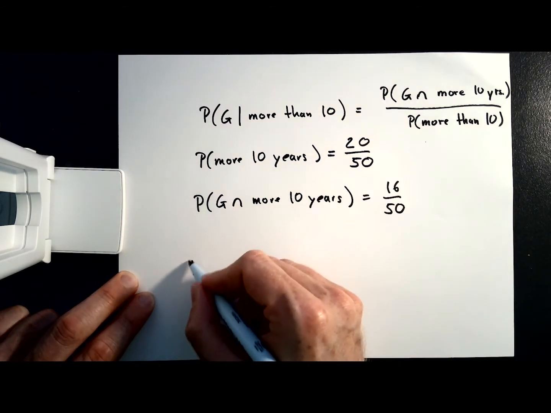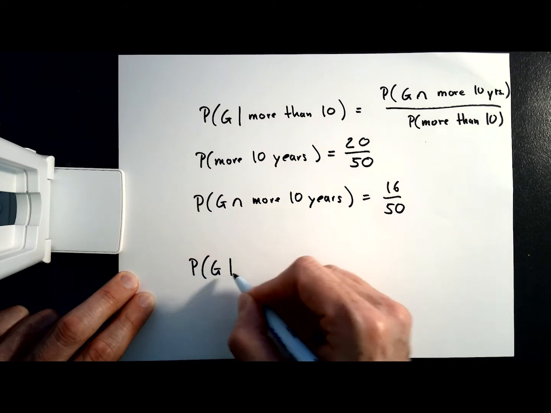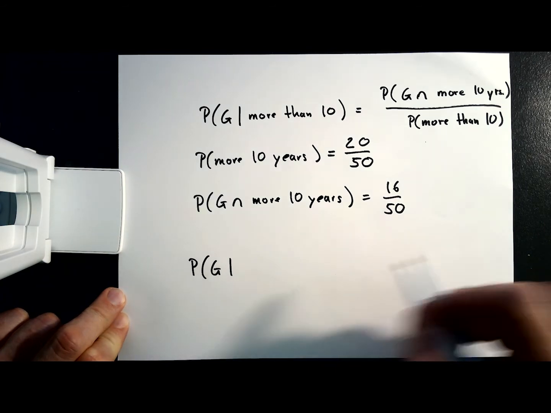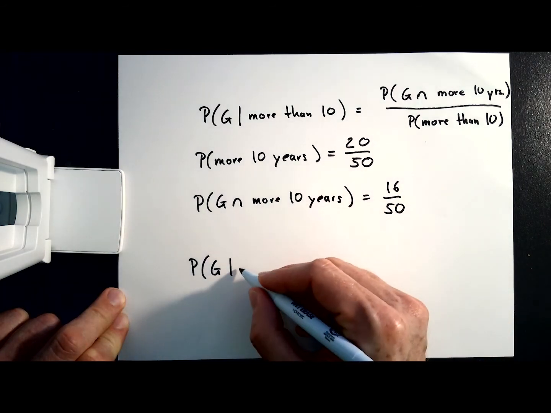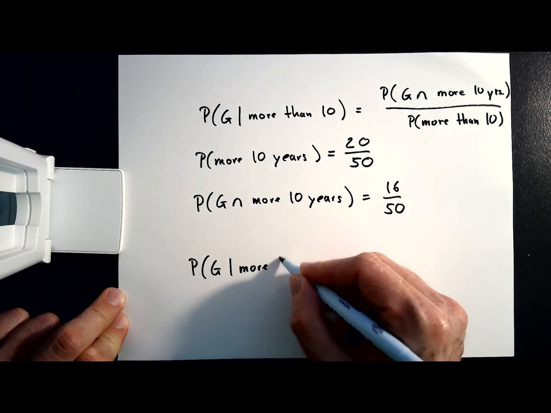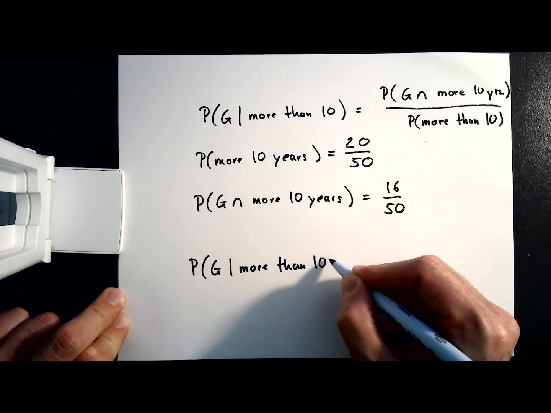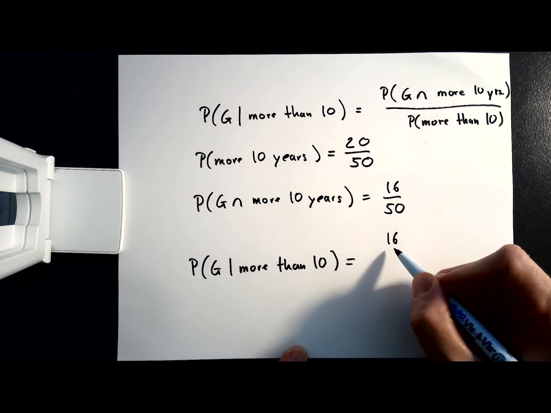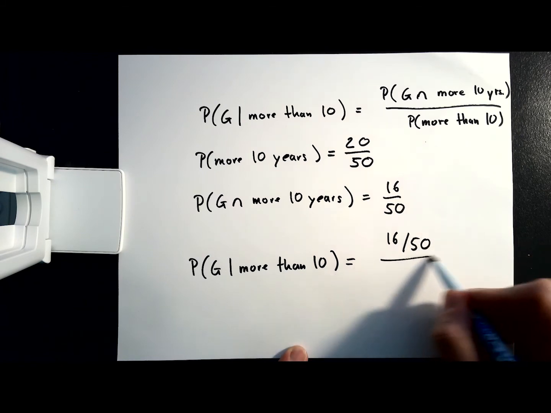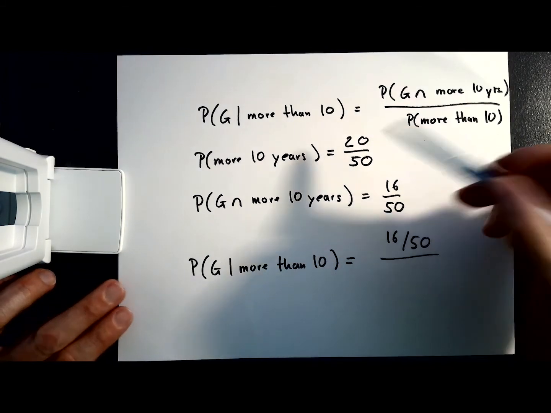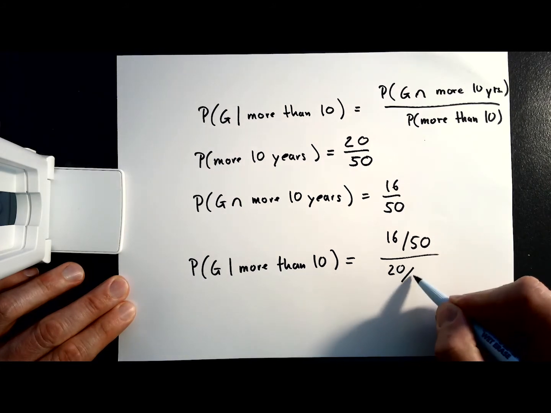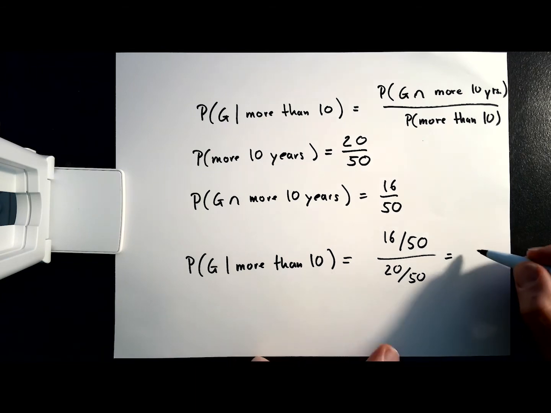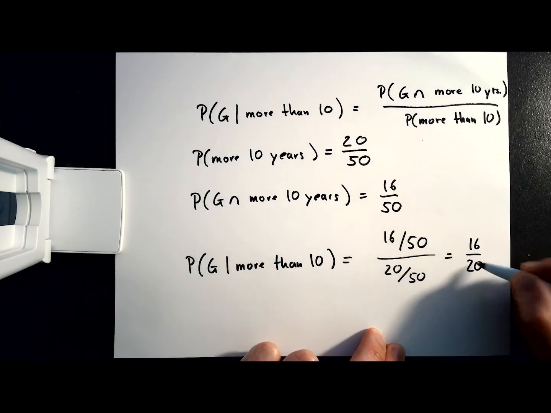So the probability of getting a good plumber knowing that that person has been in business for more than 10 years is equal to 16 over 50 divided by 20 over 50. And hence that probability, that conditional probability, is 16 over 20.